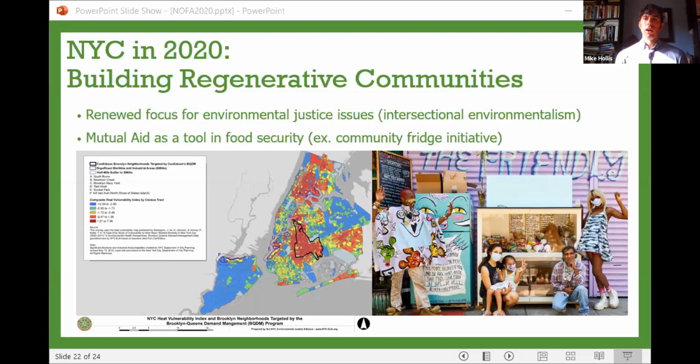It takes a look at all of these different communities that have largely been underserved and often don't have enough of a voice in environmental movements.